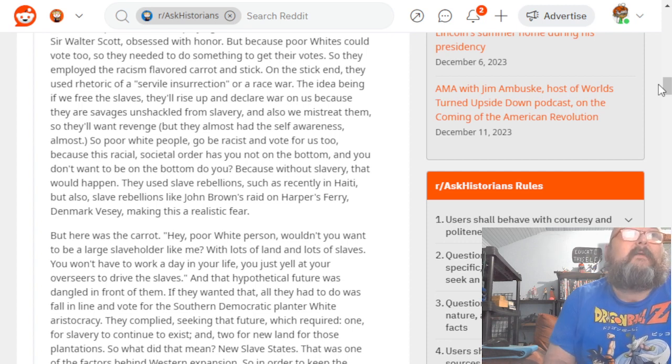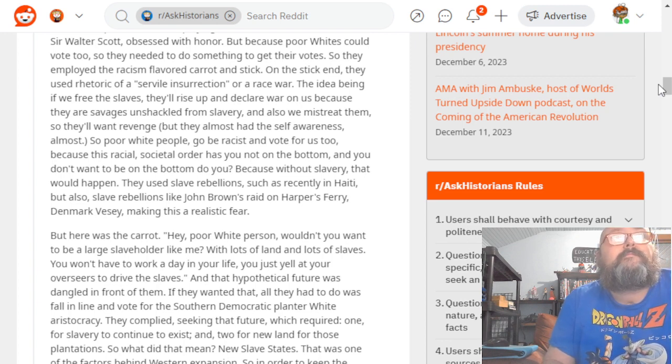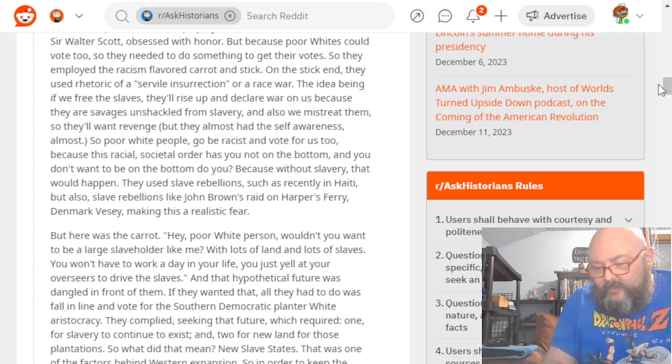They use slave rebellions, such as in Haiti, but also slave rebellions like John Brown's raid on Harper's Ferry, Denmark Vesey, making a realistic fear. The raid on Harper's Ferry is in what is now present day West Virginia. At the time the actual event happened, it was still part of Virginia.